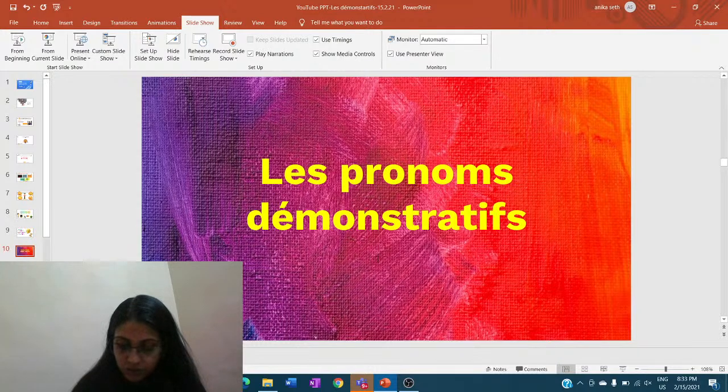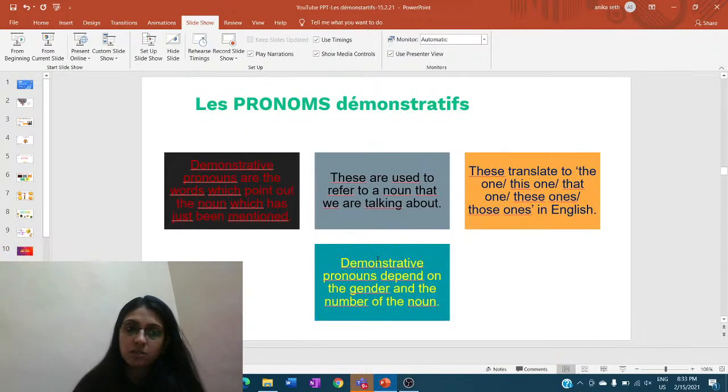So, the demonstrative pronouns replace the noun and identify the noun which has already been used in the sentence. These are the words which point out to the noun which has just been mentioned.